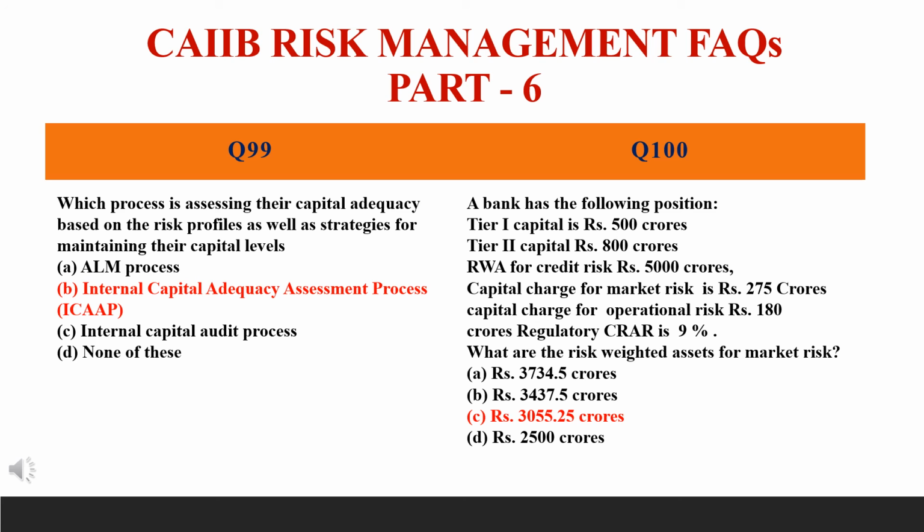As per that, the CRAR ratio is 9%. The capital charge is multiplied by 100 divided by 9, or you can say 11.11, to get the risk-weighted assets for market risk.